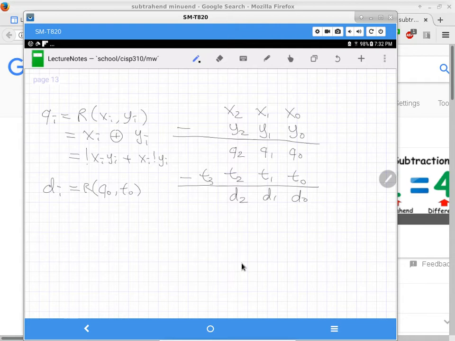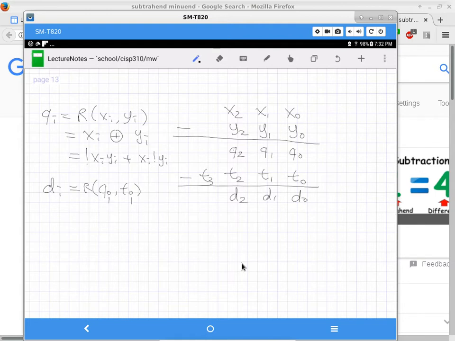So the subscript I. Okay, so Di is the result of subtracting the T from the Q, and they all have the index I.